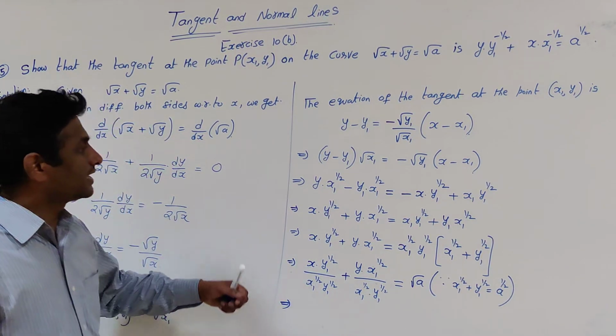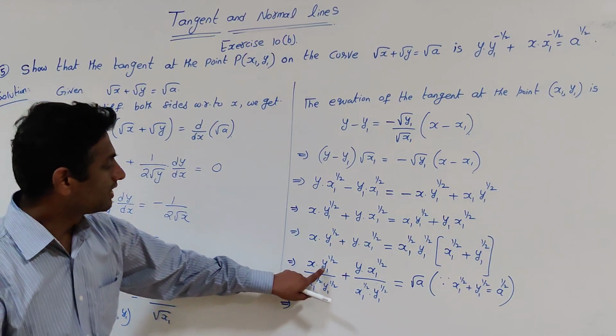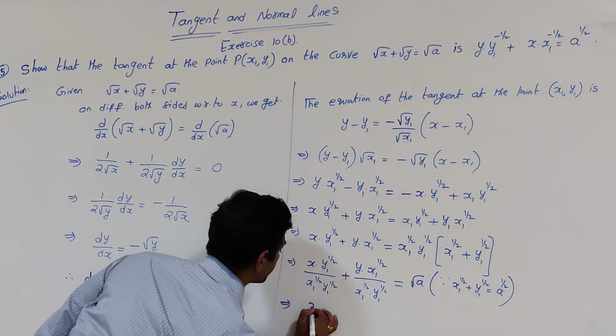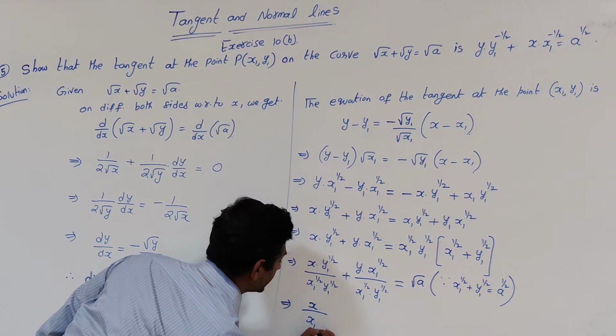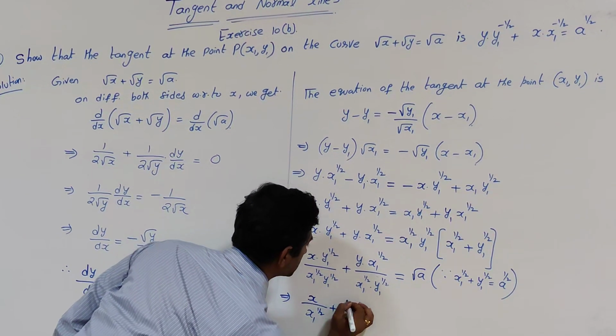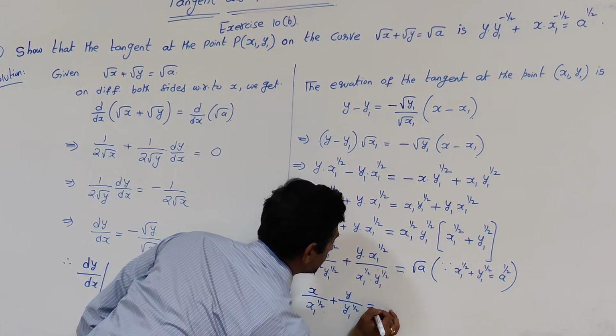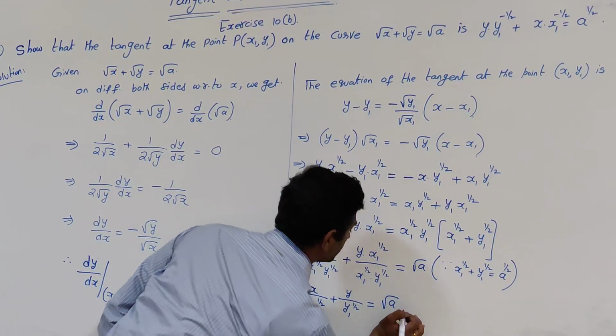If there is any cancellation, we can cancel it. y1 to the power of half gets cancelled, so it will be x by x1 to the power of 1 by 2 plus y by y1 to the power of 1 by 2 is equal to root a.